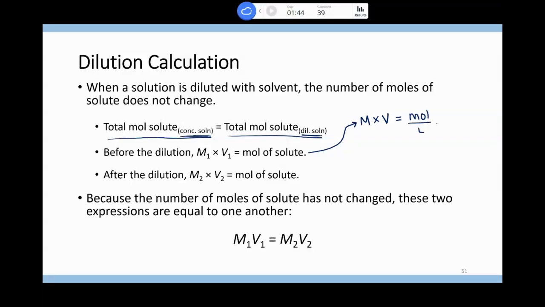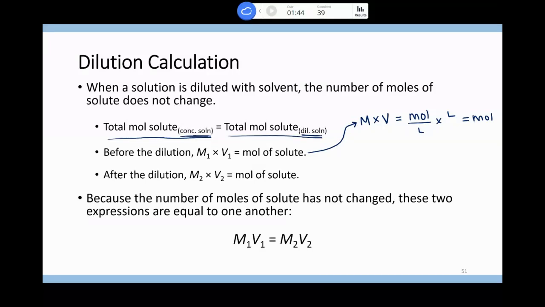So those are the units of molarity, times liter for volume, so that gives you moles. So if you take the molarity of something, multiply it by its volume, you get moles of solute. And that's true for your concentrated solution and your diluted solution. For any solution, you can calculate moles of solute by taking molarity times whatever volume you have of that solution.